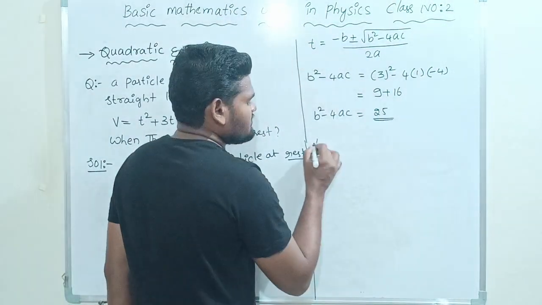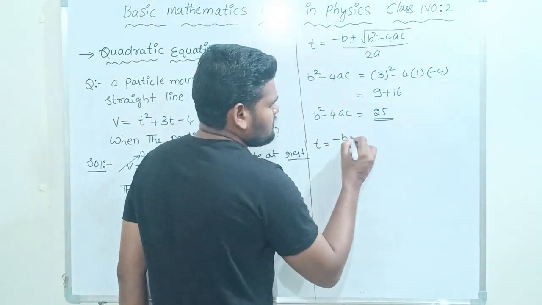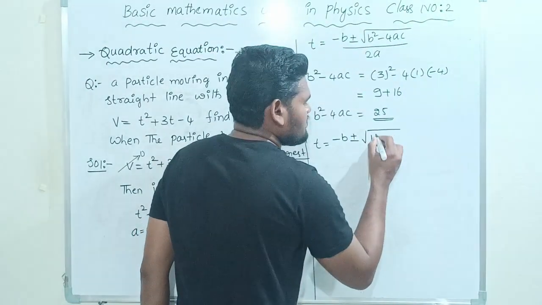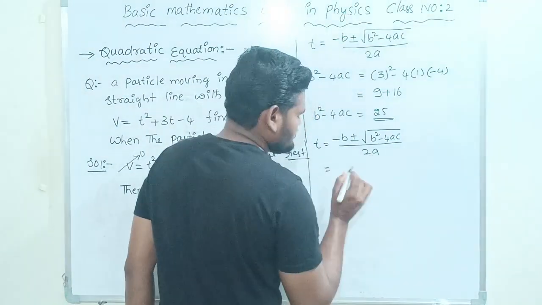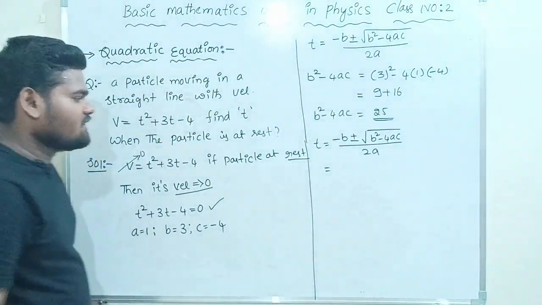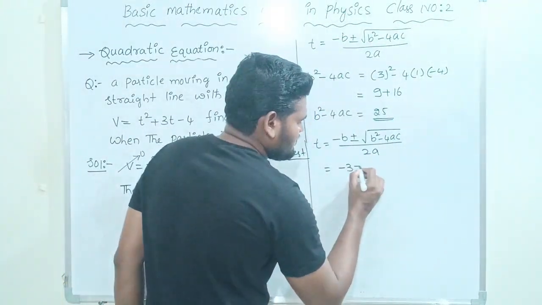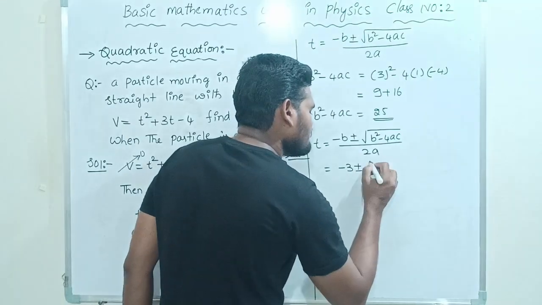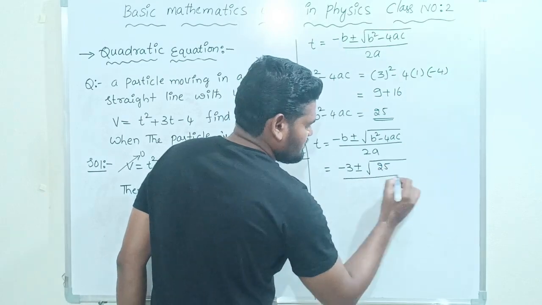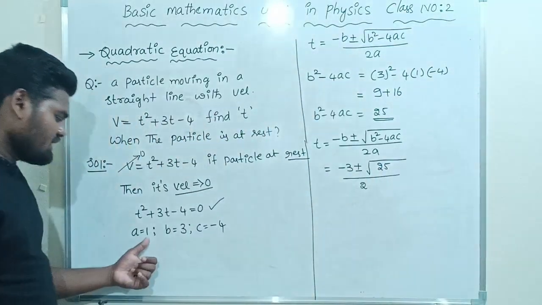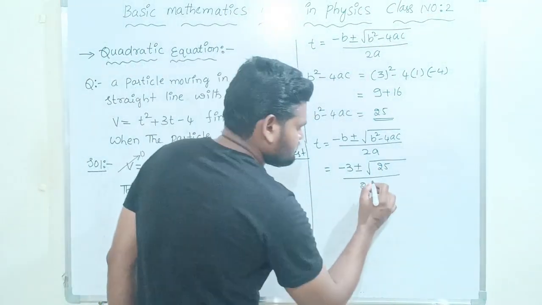Okay, so t is equal to minus b plus or minus under root of b square minus 4ac by 2a, which is equal to minus 3 plus or minus under root of 25 divided by 2 into 1.